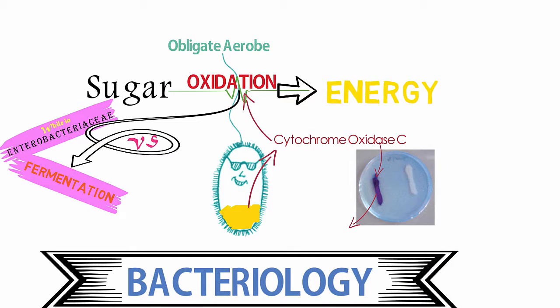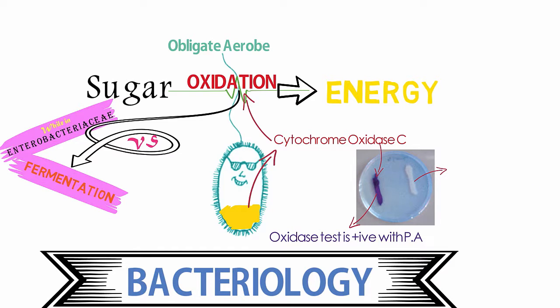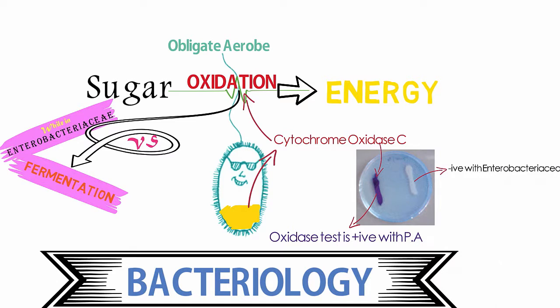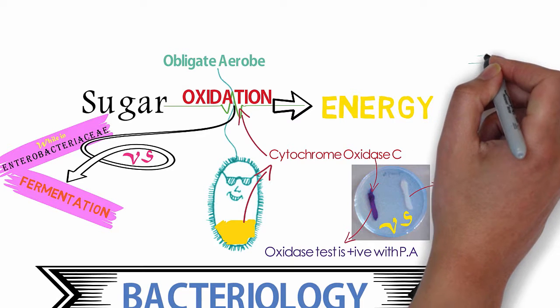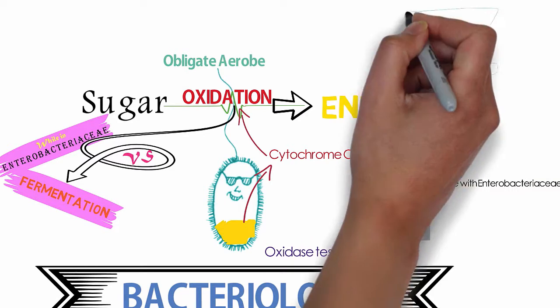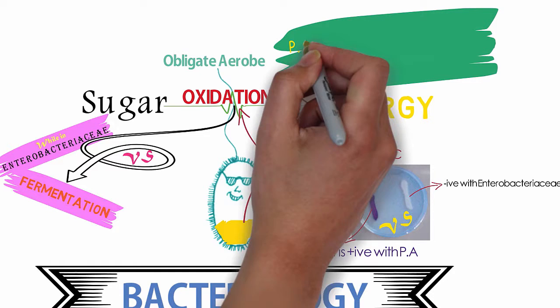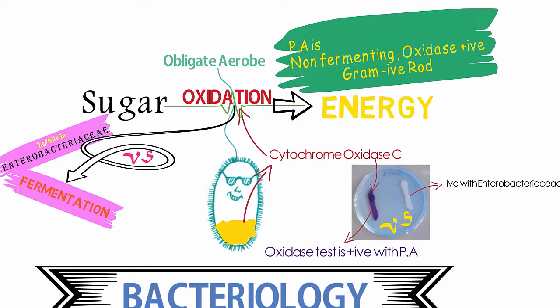This is an enzyme due to which it does the oxidation of sugar. This is the reason why the oxidase test is positive with Pseudomonas and negative with other enterobacteria, with other gram-negative rods. This test distinguishes it from other gram-negative bacteria.